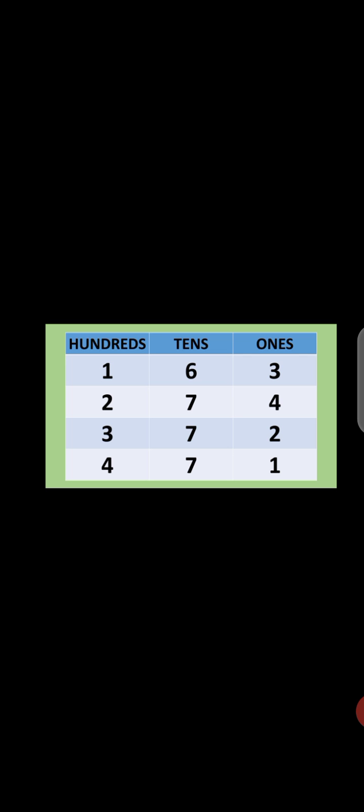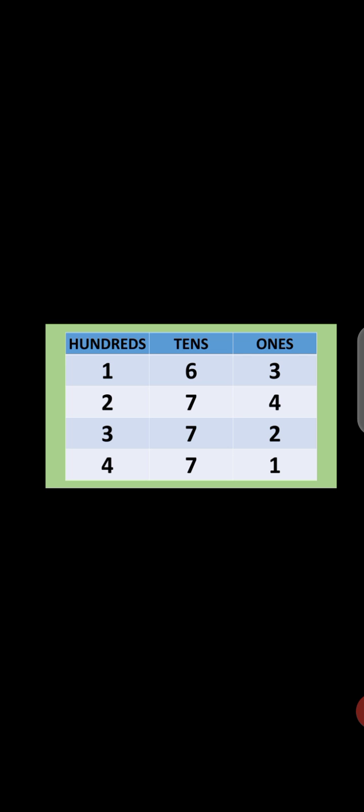Now the next number is 274. In 274 there are 4 ones, 7 tens and 2 hundreds. So the place of 4 is ones, the place of 7 is tens, the place of 2 is hundreds.